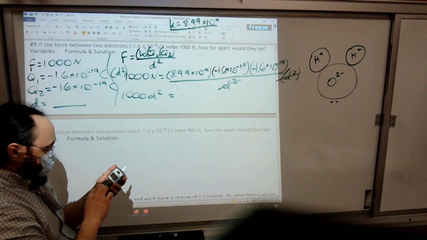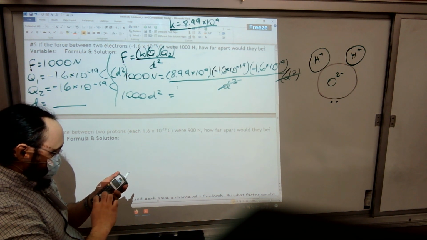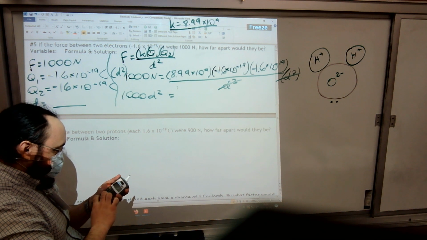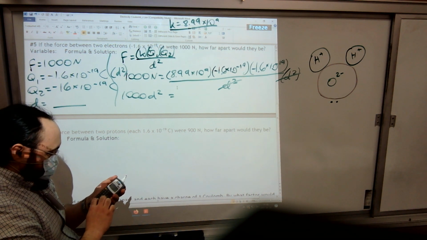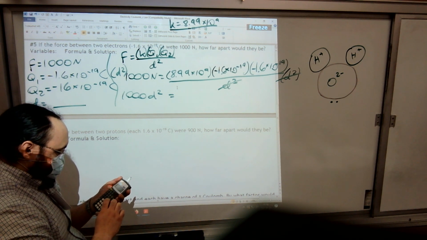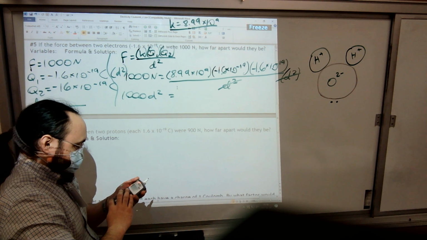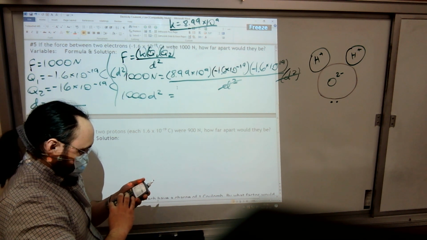times a negative 1.6 times 10 to the negative 19. So I'm saying E in my calculator, negative 19. And then times negative 1.6 times 10 to the negative 19.